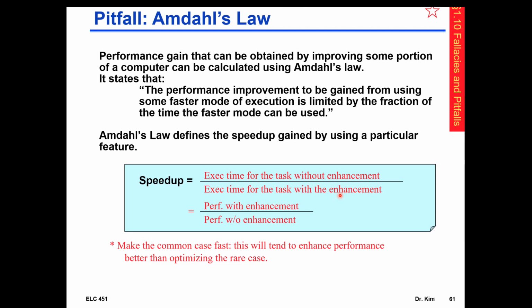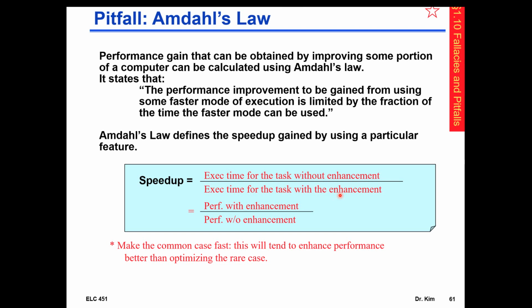So the actual textual version of Amdahl's Law is that the performance improvement to be gained from using some faster mode of execution is limited by the fraction of the time the faster mode can be used. In other words, if you have a mode of execution that is only employed 10% of the time, and let's say that you improve that system, what is the most that you could improve it?